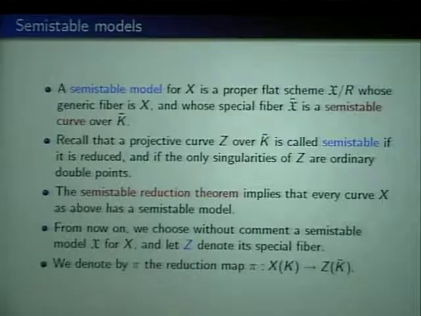And I will denote by pi the reduction map from, remember K is algebraically closed, so from the K points of X to the K tilde points of Z, which we will later promote to a reduction map from the Berkovich space associated to X to the scheme associated to Z, including the non-closed points of Z.